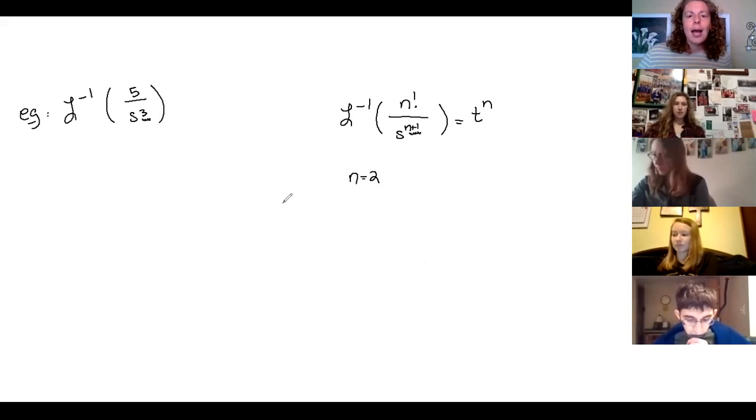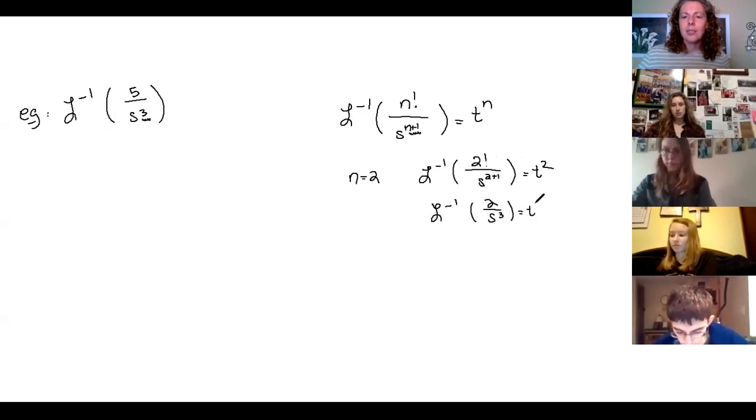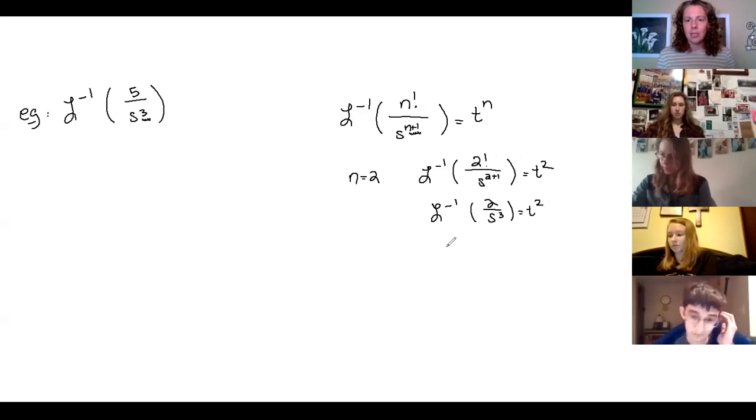So the inverse Laplace transform of 2 factorial over s to the 2 plus 1 is t squared. Or in other words, after simplifying, the inverse Laplace transform of 2 over s cubed is t squared.